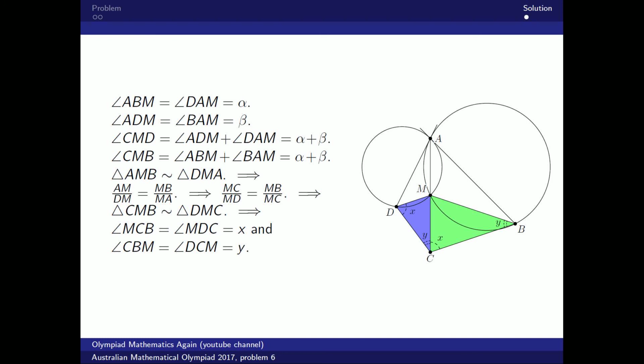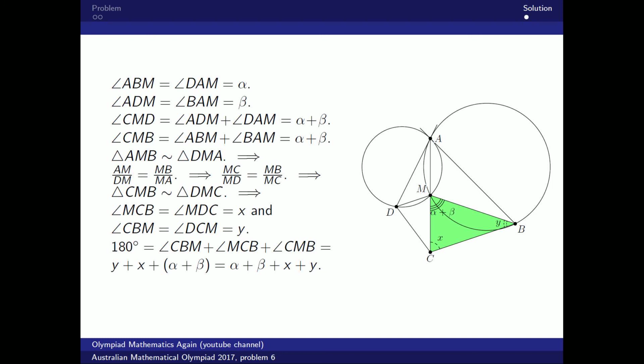So now let us do some angle calculation. We consider the triangle CMB, and we calculate the sum of the three angles in this triangle. So it should be 180 degrees, right? So 180 degrees is equal to the sum of these three angles in this triangle, and it is equal to y plus x plus alpha plus beta, right?